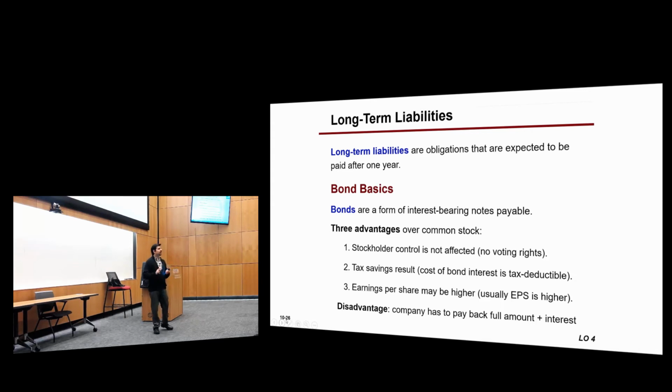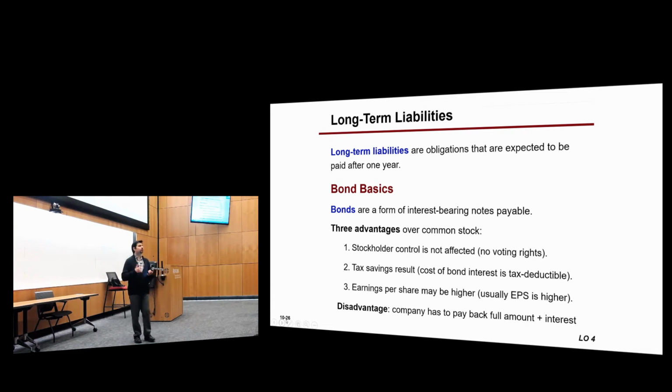The disadvantage is that they will have to pay back that money because they are borrowing it. Plus, they have to pay interest. If the company issues stocks, the company does not pay interest and does not have to pay back the money. It's basically part of the capital of the company. Okay? Now, bonds, on the other hand, when the company actually issues bonds, it will not change the ownership of the company.